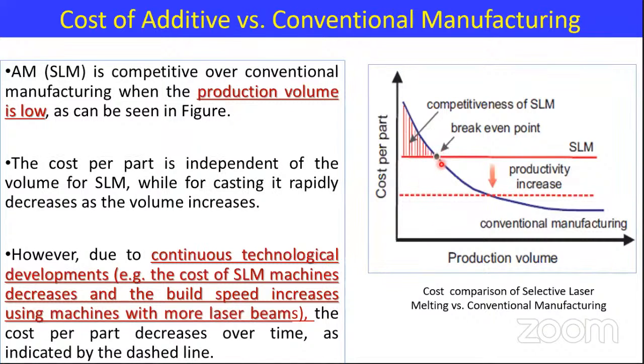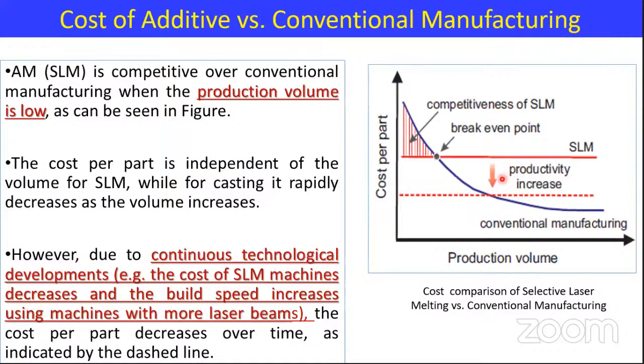On the other hand, when we have a high volume of parts, the conventional manufacturing approach is more rewarding, as the cost is less compared to the SLM or AM technology.